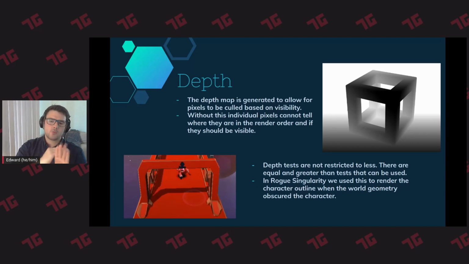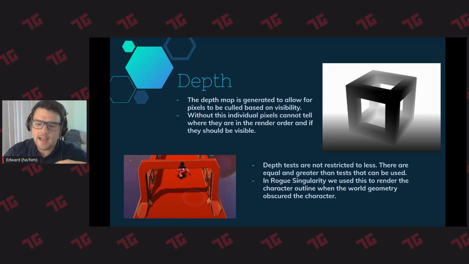Then when we come to render our next pixels on the screen, we can look at that depth map and ask whether this pixel is greater than or less than the current value that exists in this buffer, and discard it before we perform the operations on it.